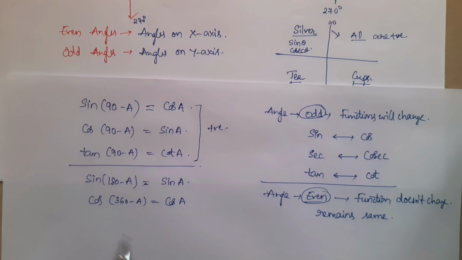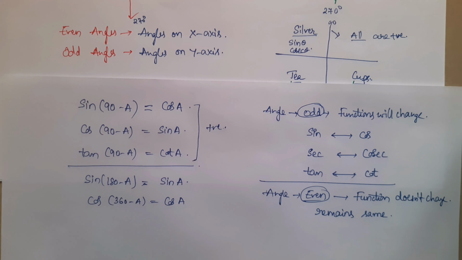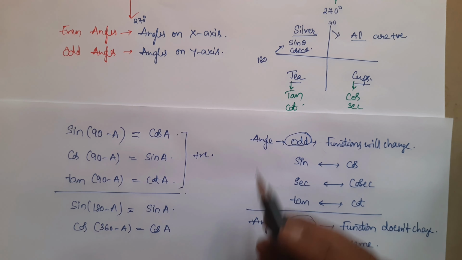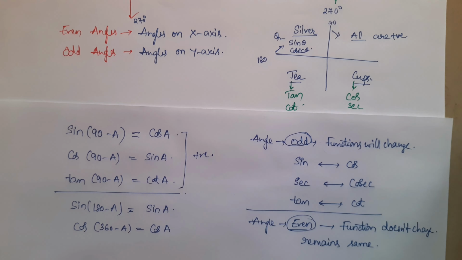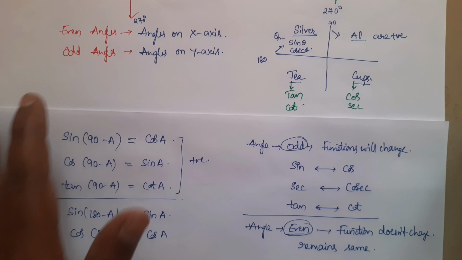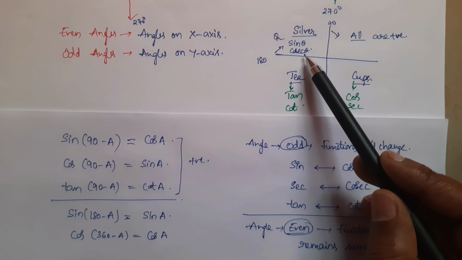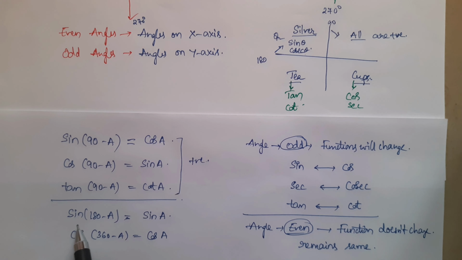Next, in sine of 180 minus a, 180 minus means this is the second quadrant, right? When it represents the second quadrant, which are positive? Only sine theta and cosecant theta are positive. So that's why when we have sine of 180 minus a, it becomes positive sine a.